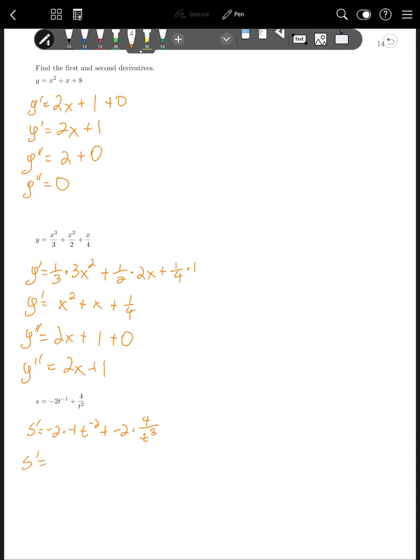So s prime is 2t to the negative second minus 8 over t to the third. And then we can do the second derivative. So the second derivative would be 2 times negative 2t to the negative third minus negative 3 times 8 over t to the fourth. So s double prime is negative 4t to the negative third plus 24 over t to the fourth.